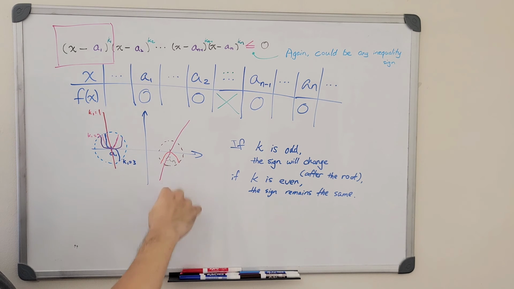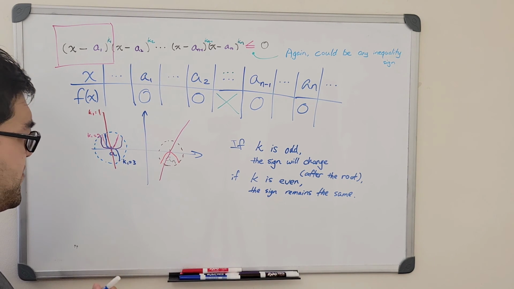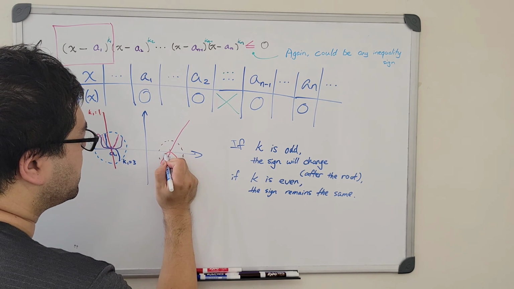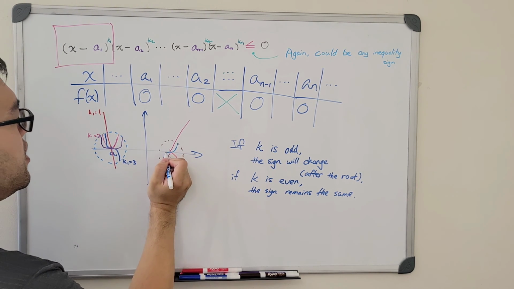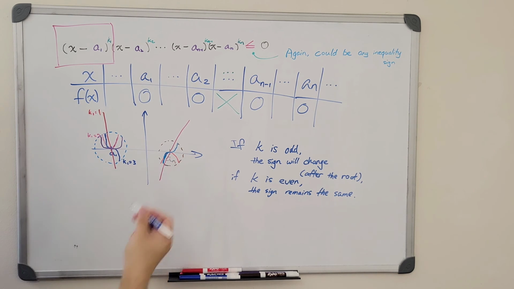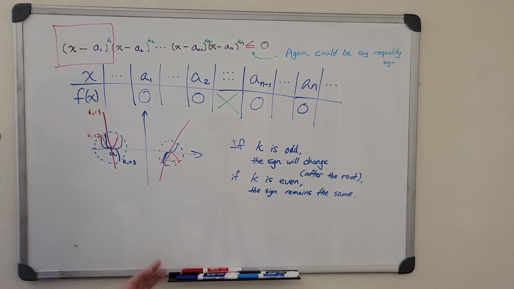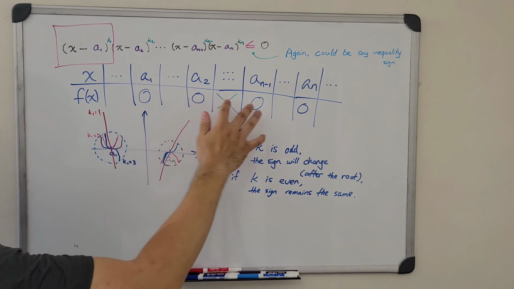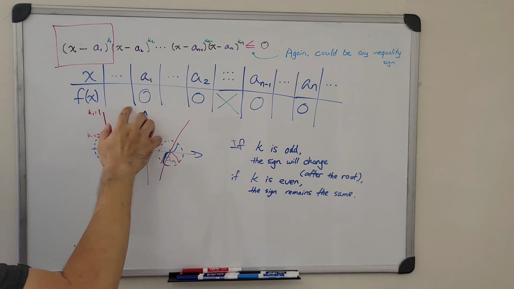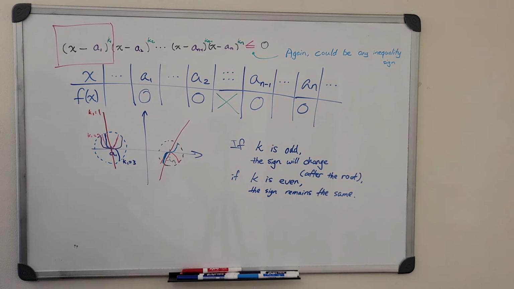So if it starts from negative, it will turn into positive. Or if the exponent is equal to 3, we'll have something like this, which is still the same. The sign will change after the roots. So here we cannot really generalize and claim that it's always positive or negative, except the last one.